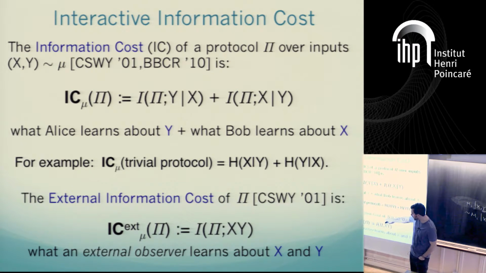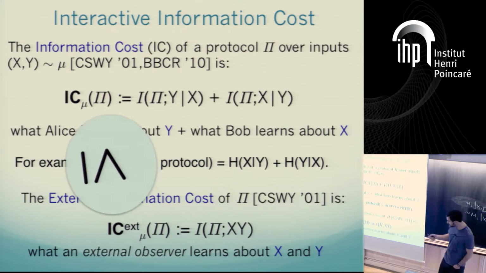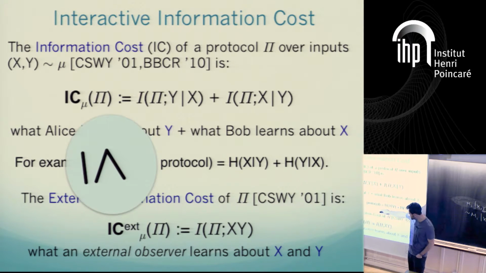And we can also define a different measure of information, which is called the external information cost, which intuitively captures what an external observer learns from the protocol transcript pi about the players' inputs X and Y. And it's not too hard to prove that the external information cost is always an upper bound on the internal information cost.